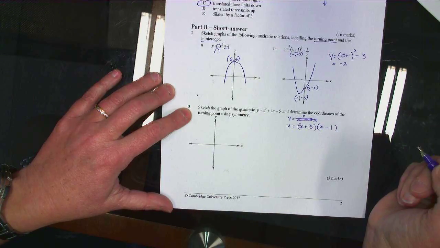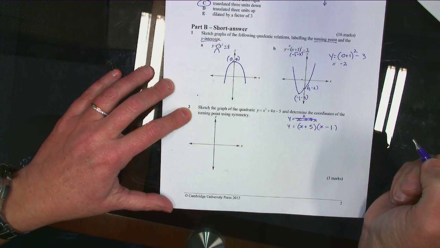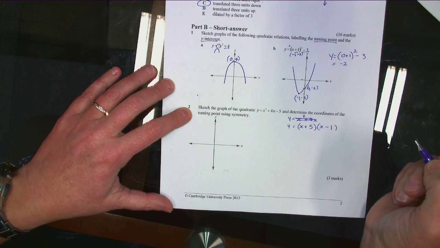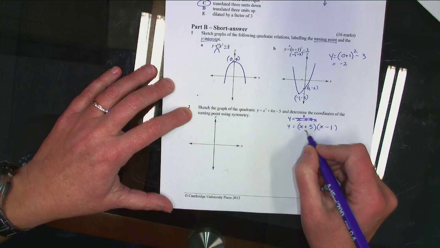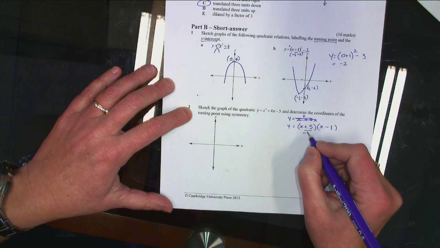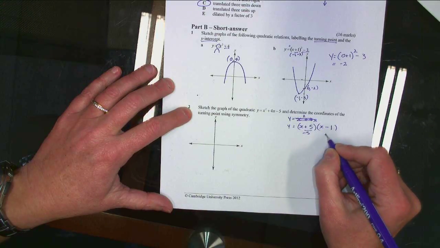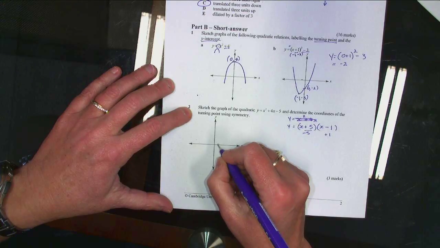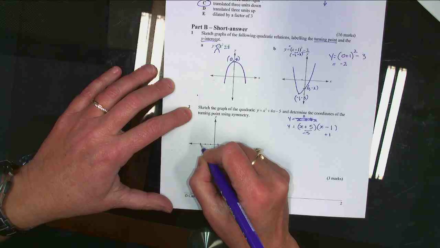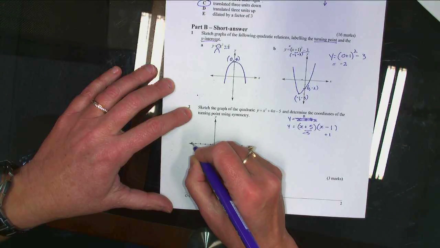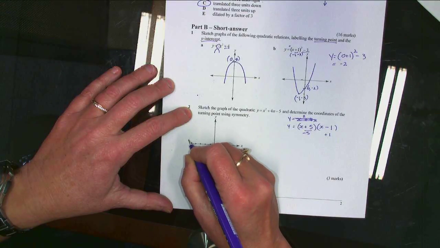So now I know that I've actually got my x-intercepts. The x-intercepts are going to be -5 and +1. So I'm going to be here at +1 and 1, 2, 3, 4, 5, -5.